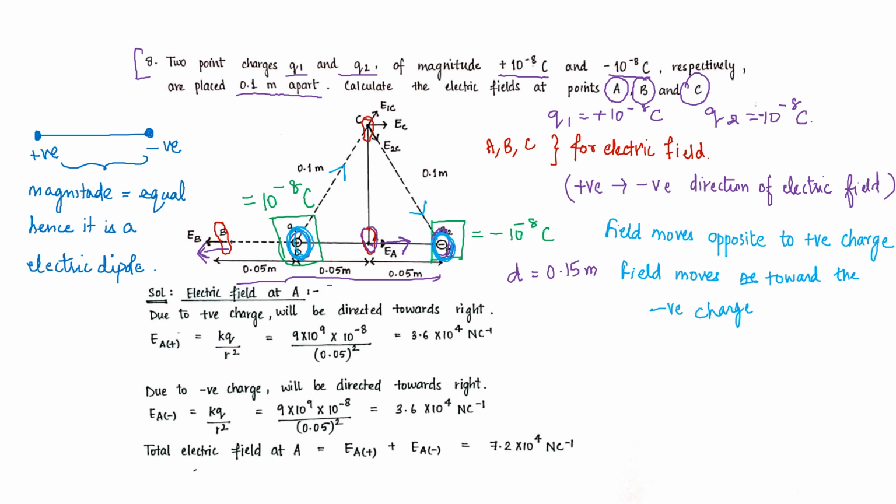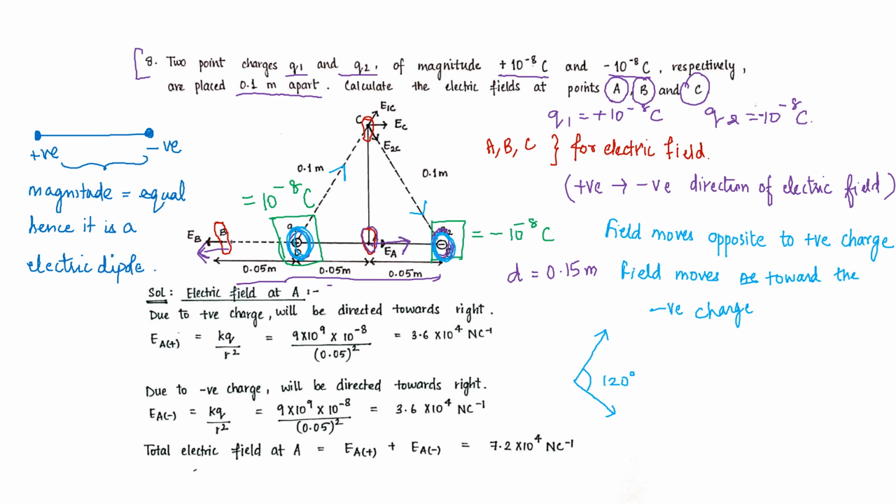So we will find a field in this direction and a field in this direction, which are making an angle of 120 degrees with each other.